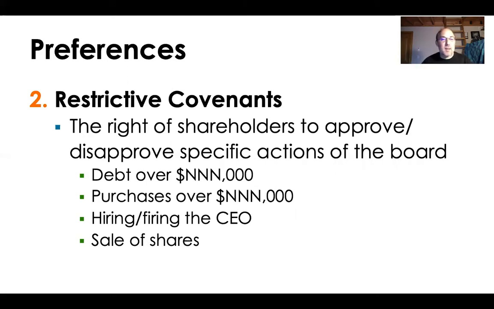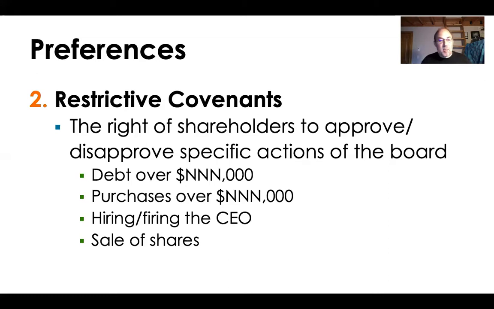I've seen 15 line items on here. I've seen 25 line items on here, including you can't make a purchase over $10,000 without approval of these investors, which I thought was crazy, and I pushed back on that. You can't hire or fire anyone on the management team without the approval of this specific small set of investors, right? You can't sell any shares, which means you can't raise money without the approval of this set of investors.